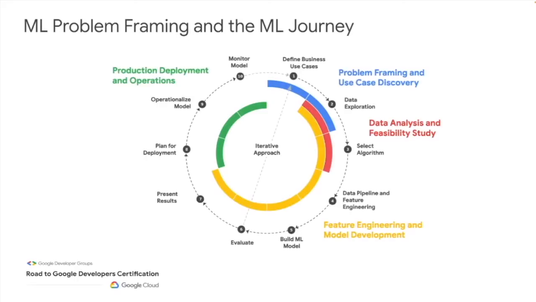And when you're trying to define a machine learning problem and the journey, you start with defining the use cases, and that is tied together then with data exploration, looking at what data you have. And depending on what data you have, you will likely select an algorithm that best matches that.